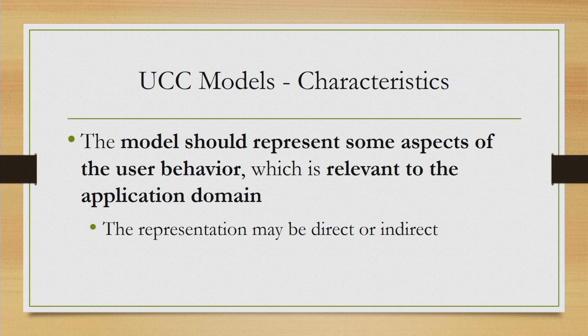First of all, the model should represent some aspects of the user behavior which should be relevant to the application domain. It need not be very generic, it must be relevant to the application domain, and this representation may be direct or indirect. Like in PAM, we have represented the fixation time indirectly in the form of attention factor.